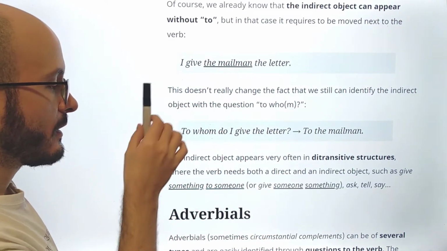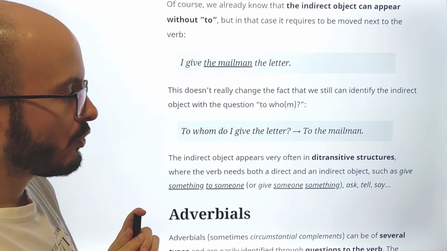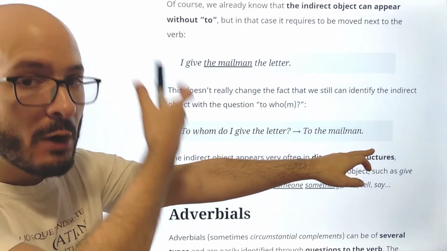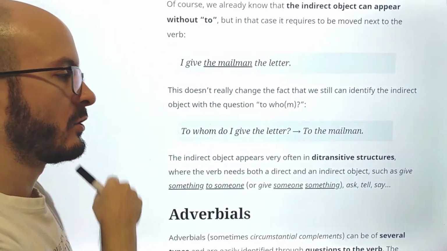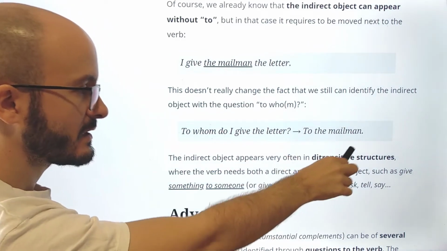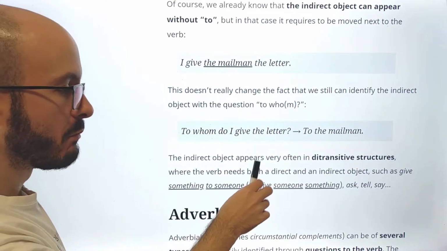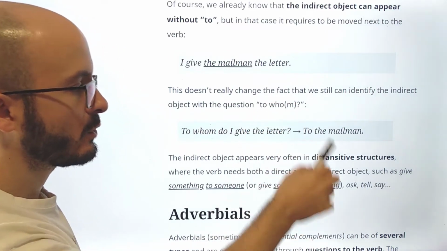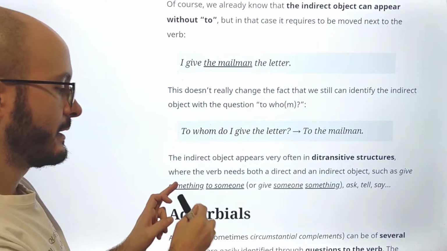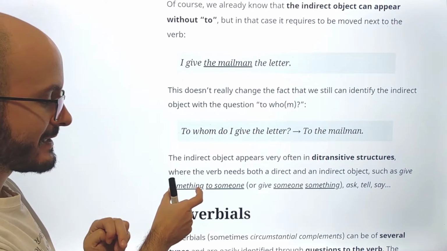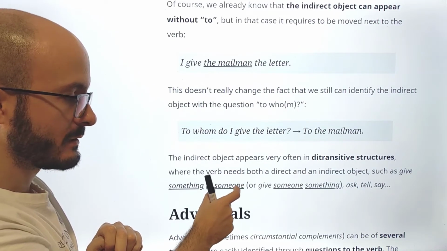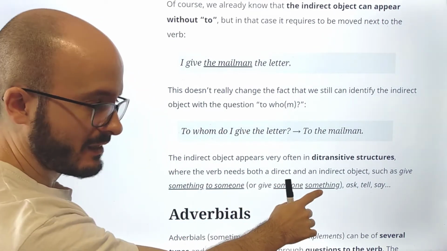The indirect object appears very often in ditransitive structures. Remember, ditransitive has both direct and indirect objects. So the indirect object appears very often in ditransitive structures where the verb needs both a direct and an indirect object, such as give something to someone. So we see that something is the direct object and to someone is the indirect object, or give someone something.